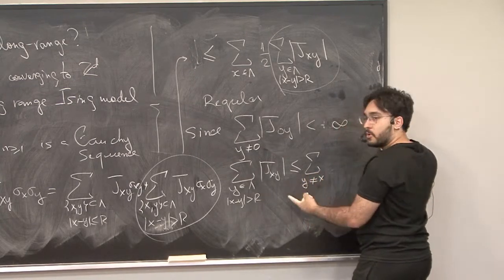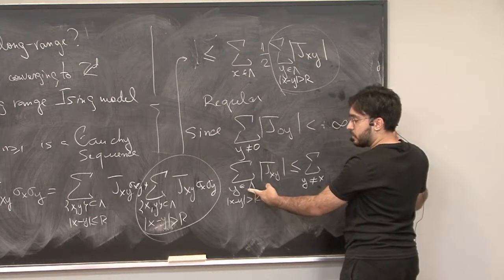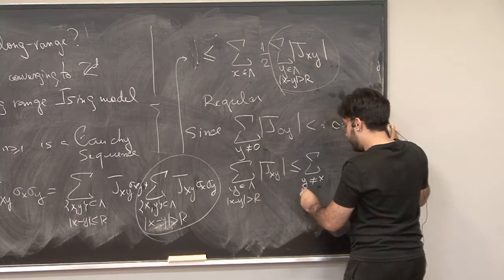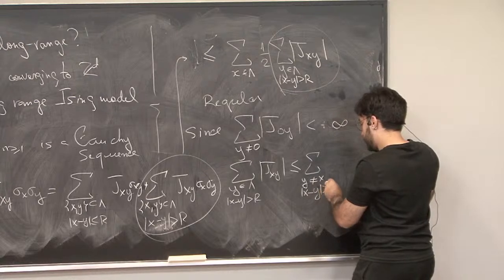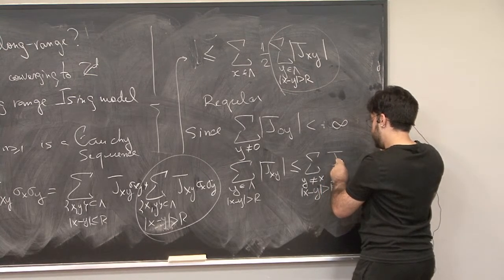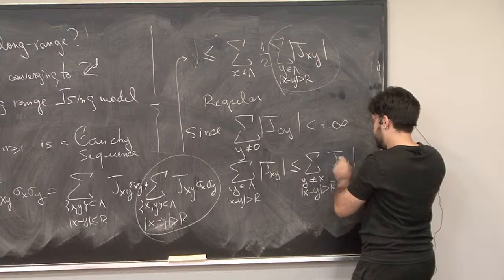Now I have many more points than the points only inside Lambda, and then I take just J of 0, y.